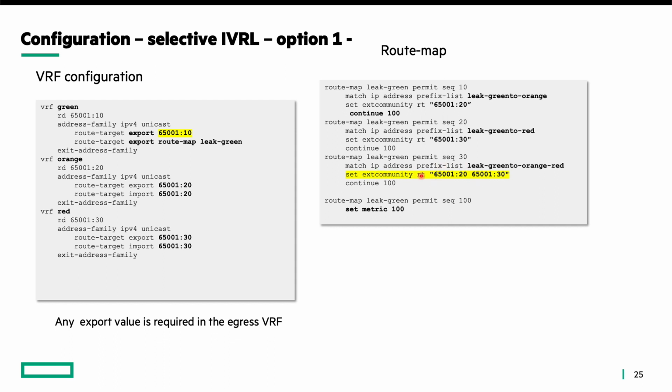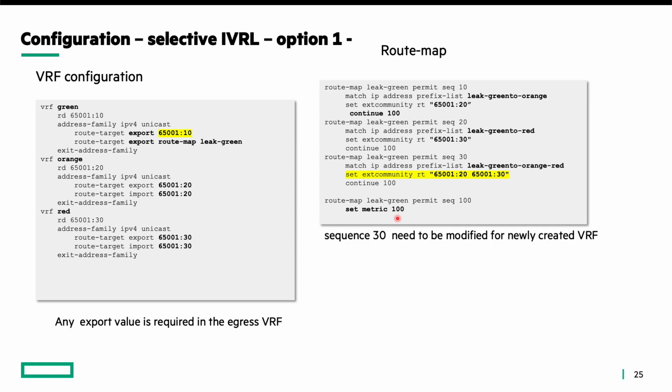So we will set both communities using this command with a space in between. The prefix that we want to leak only to the orange will be this specific value, which matches with the import here. And this one going to red, so the 30 matches with the import for the VRF red. In this example, we can use this continue command because the last sequence is a set metric.